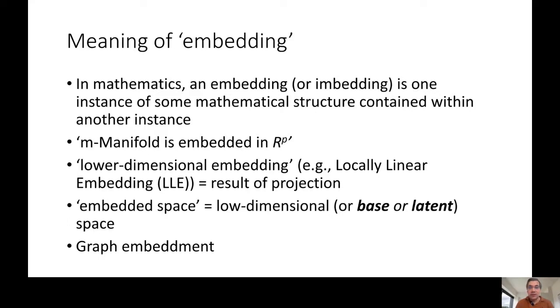So in the pictures that I showed in the beginning, we have one mathematical structure, p-dimensional Euclidean space, and then we have the structure of the manifold, which is contained in this p-dimensional space, but the intrinsic dimension of this manifold is m. So in this case, we say that the manifold M is embedded in p-dimensional space.